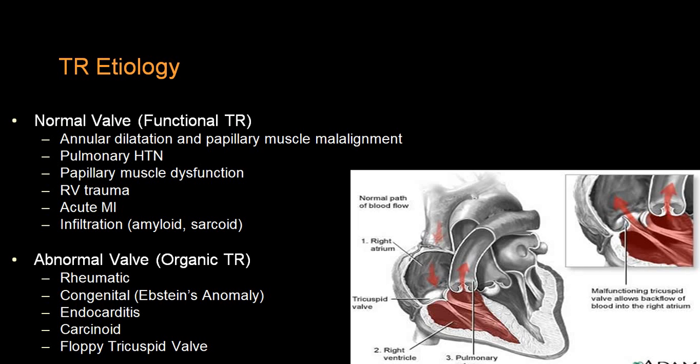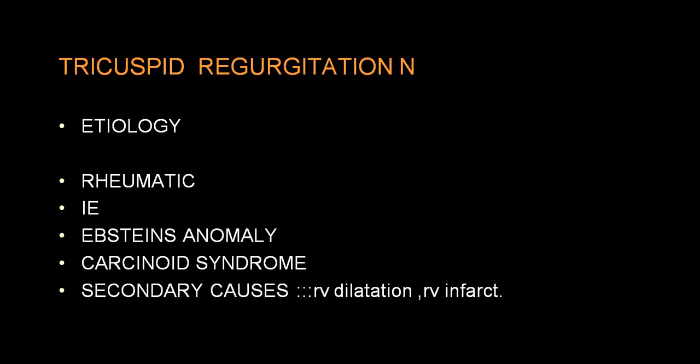But organic can be very frequently along with rheumatic heart disease, Ebstein anomaly, infective endocarditis, carcinoid syndrome, and floppy tricuspid valve. Rare, but may be there. So commonly we call rheumatic, infective endocarditis, traumatic, following valvuloplasty, Ebstein anomaly, carcinoid syndrome, or functional in case of right ventricular dilatation and RV infarct producing papillary muscle dysfunction.